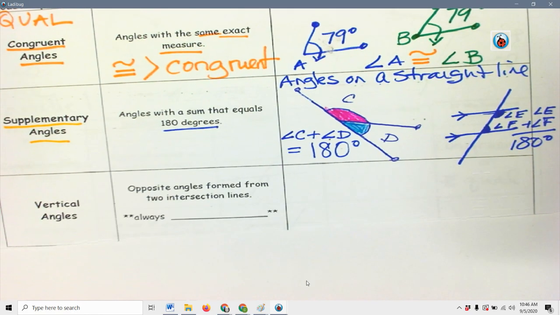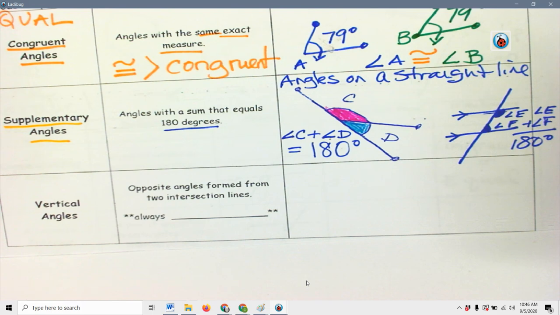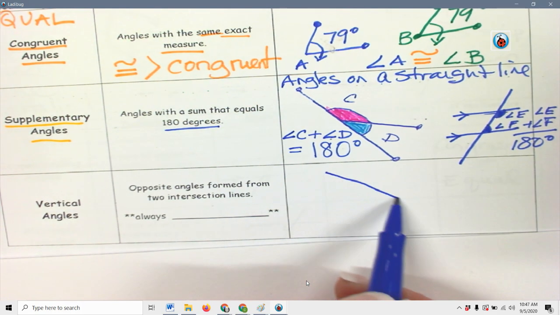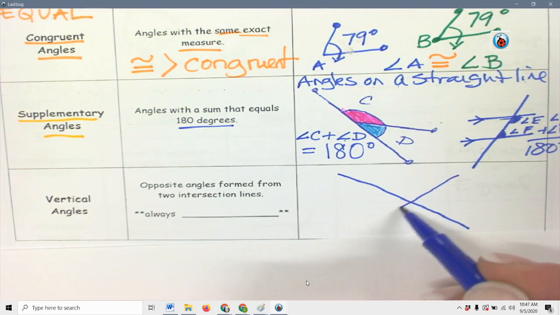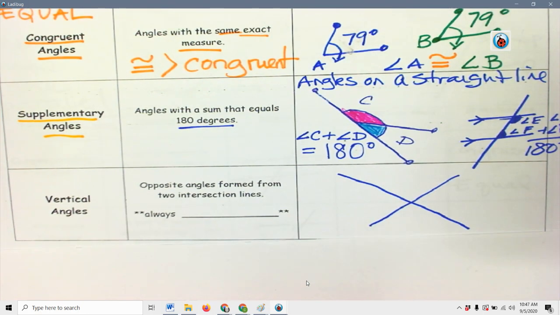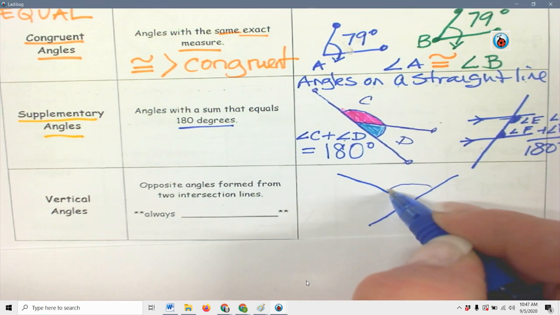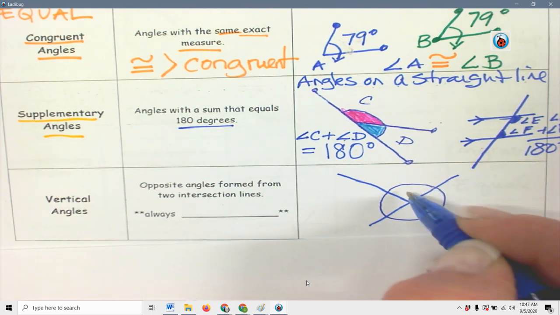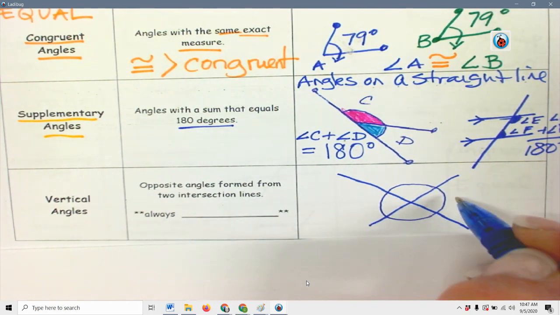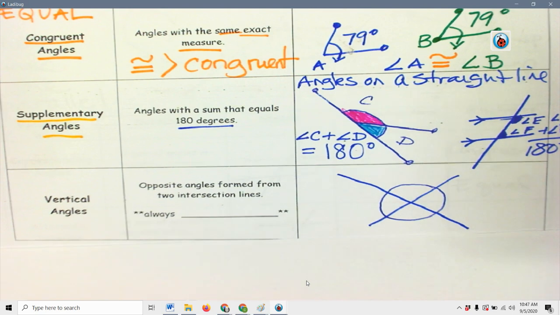Our next definition is vertical angles. Vertical angles happen anytime two lines intersect. And you can see that when two lines intersect, we have four angles that form. Each of these represents the angle there.